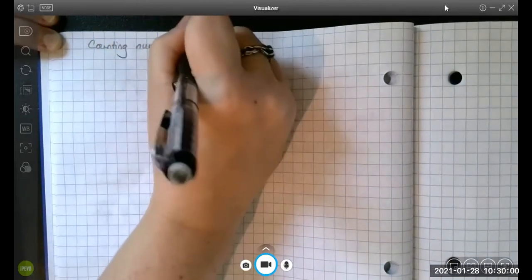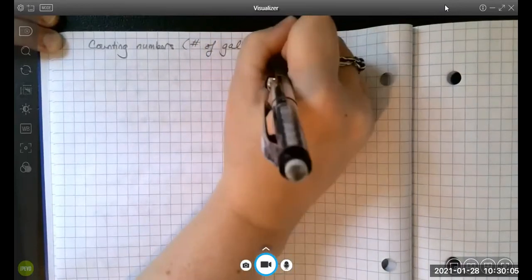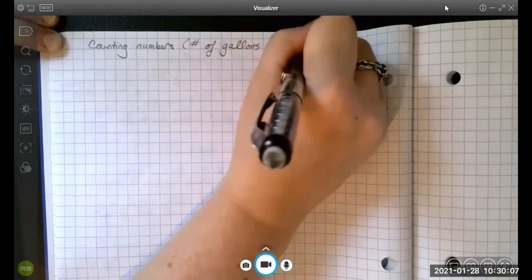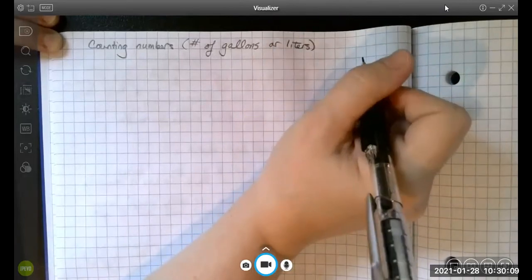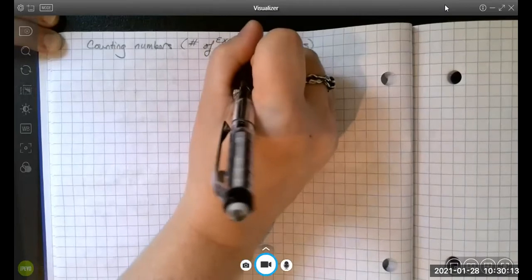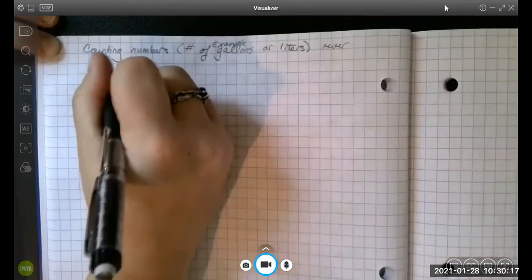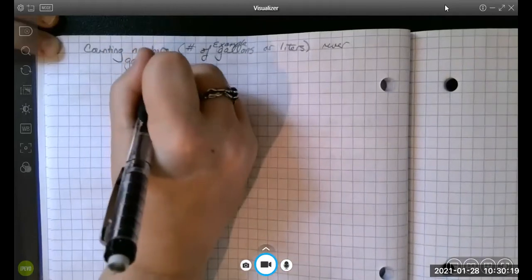like the number of gallons or liters in something, just as an example. I'm going to put example up here. Never go negative.